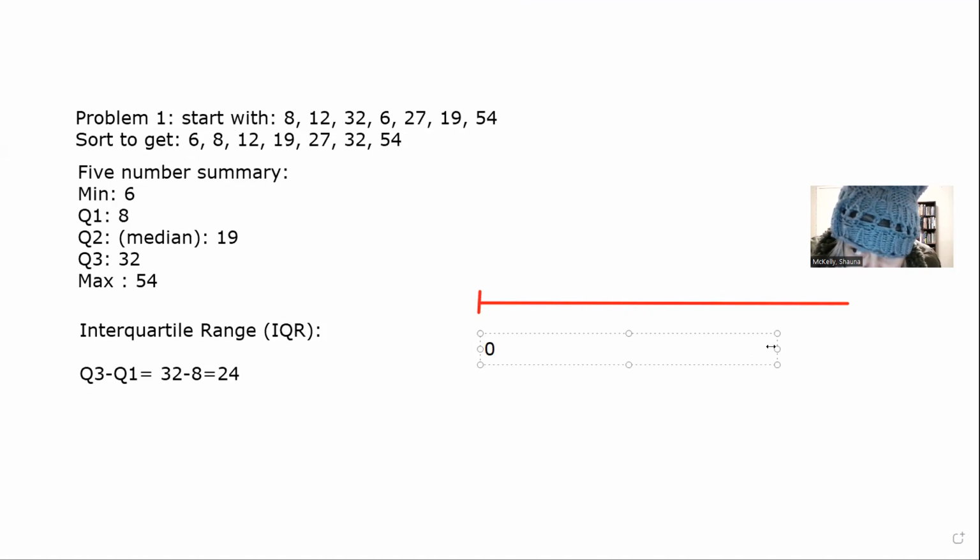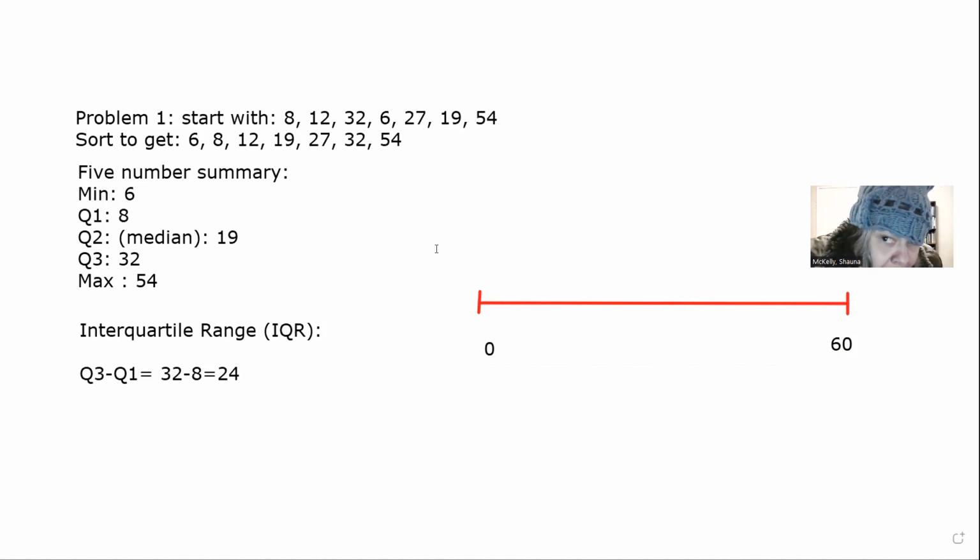So I'm going to go from 0 to 60 here. I'm going to put 60 on the end here, and I'm going to label that. This is 60 here.